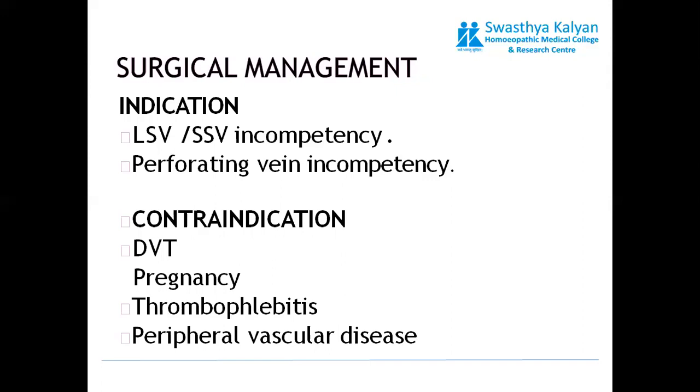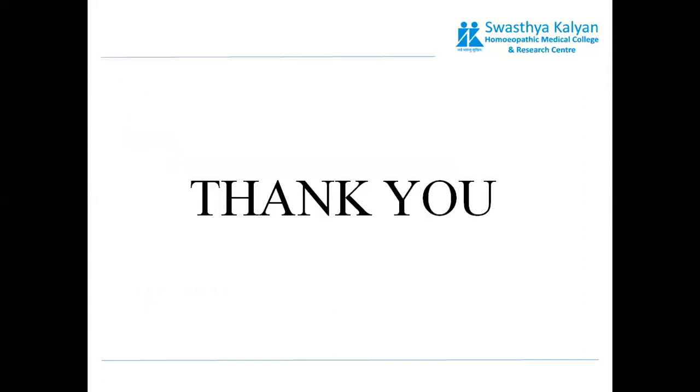Surgical management is also used, but sometimes it is contraindicated in cases of DVT, pregnancy, peripheral vascular diseases, and thrombophlebitis. That was all; the surgical management we will see in the classes of surgery.